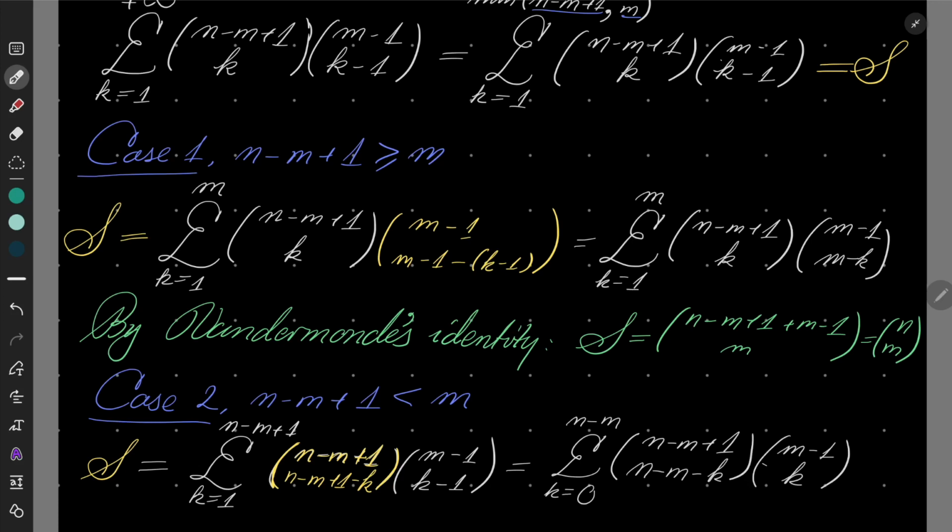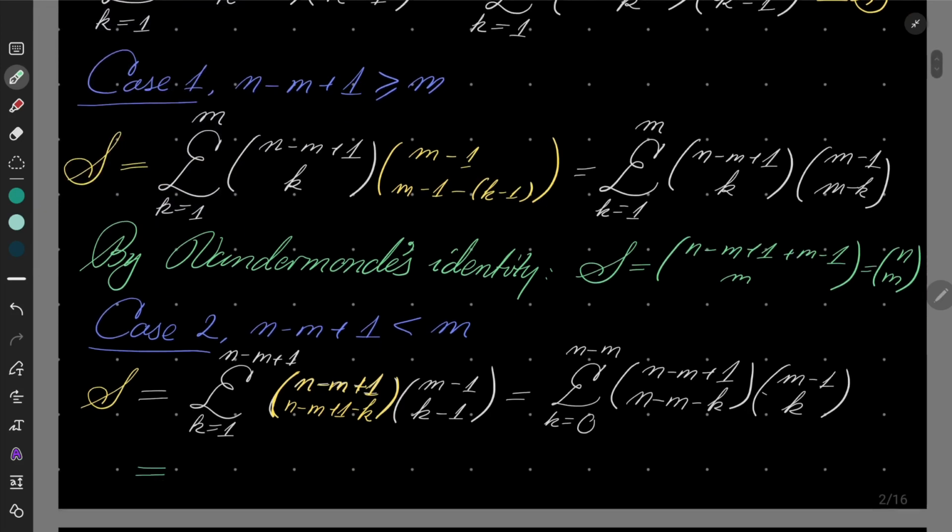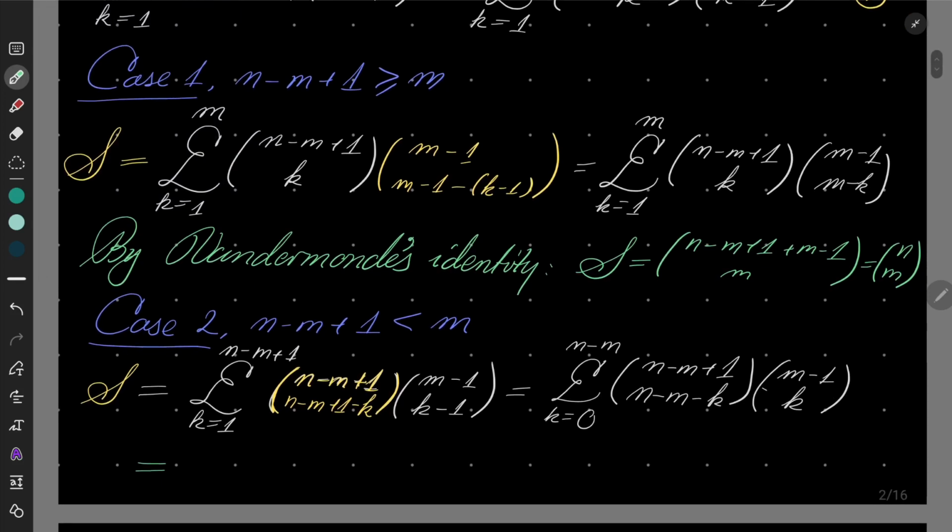And now we can use Vandermonde's identity. We know that this entire sum is n minus m plus 1 plus m minus 1, choose n minus m. Simply choose n minus m.